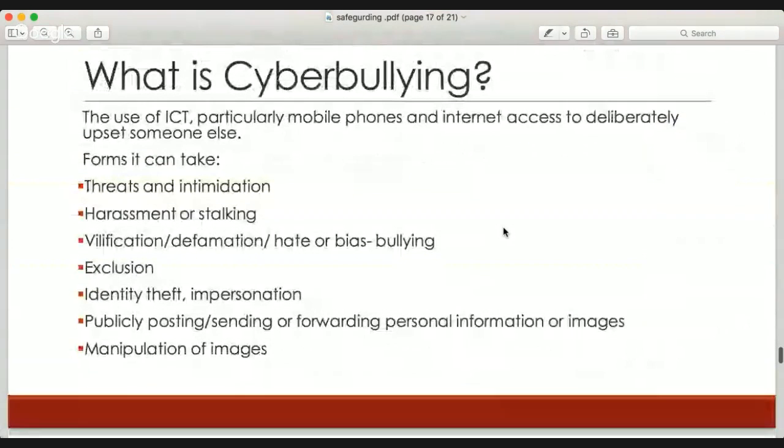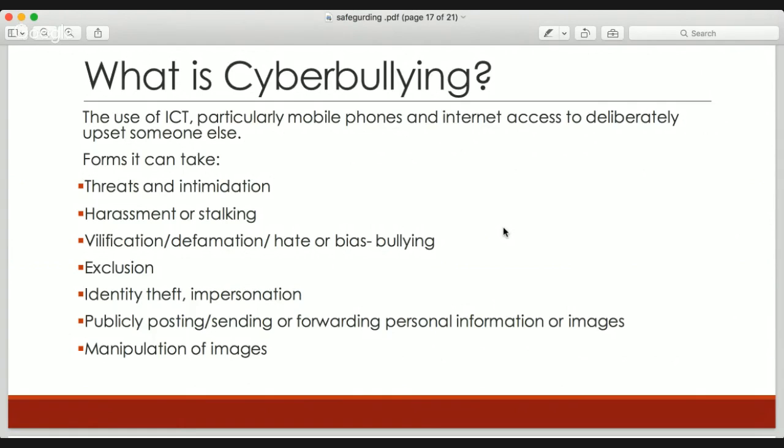So cyberbullying is ICT related, obviously, and in particular we're talking about mobile phones, particularly smartphones, but it's the internet access, deliberately using the internet to upset someone else. So it could be by texting, it could be by Facebooking, it could be all sorts of different ways. It's the use of technology, so that's cyber, but it's really deliberately using this system to deliberately upset someone else.